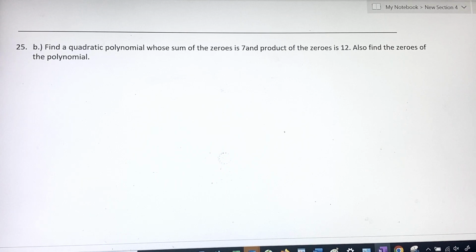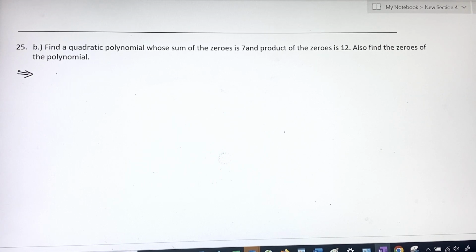Okay, so how do we solve this? First, we need to assume two zeros here because they have given the sum of the zeros and the product of the zeros. Now we need to assume two zeros.